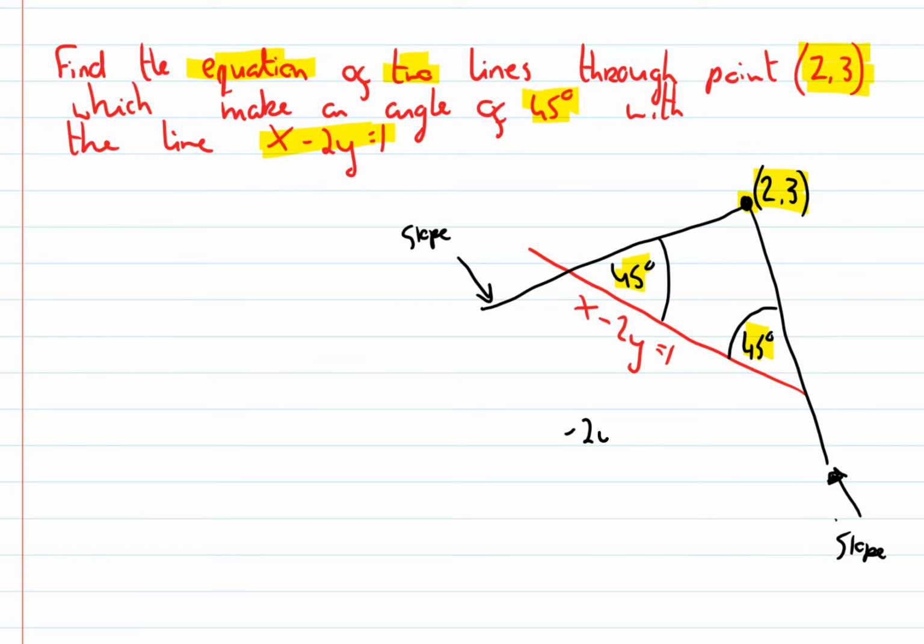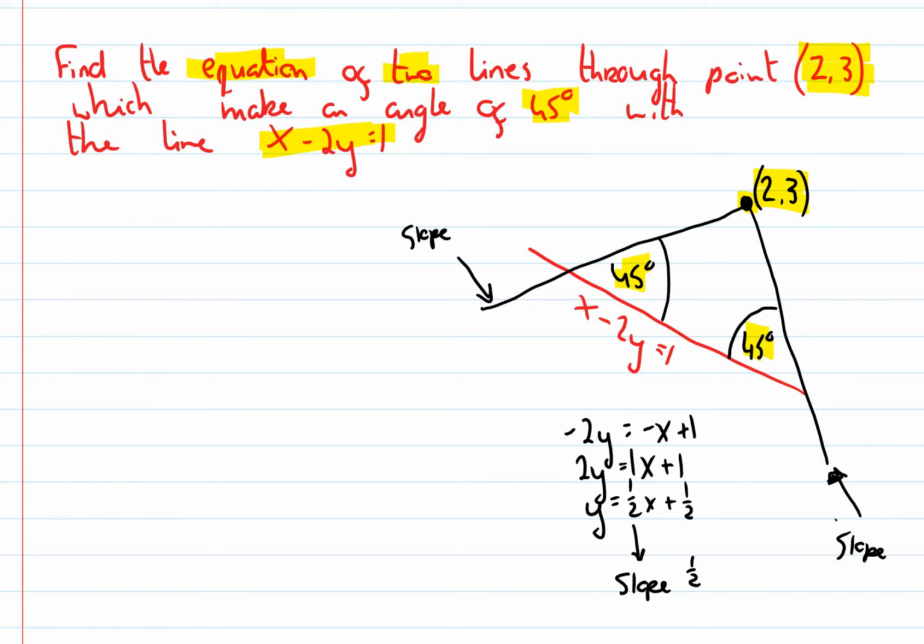If we just use the y equals mx plus c formula, we will get 2y equals x plus 1, and divide by 2 across, we get y equals half x plus a half. So the slope of that is a half.